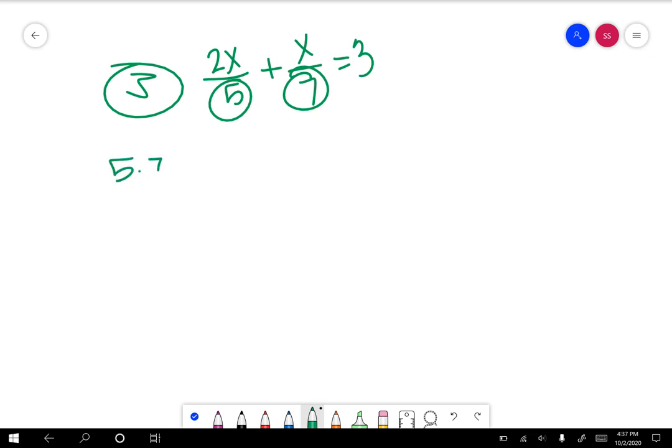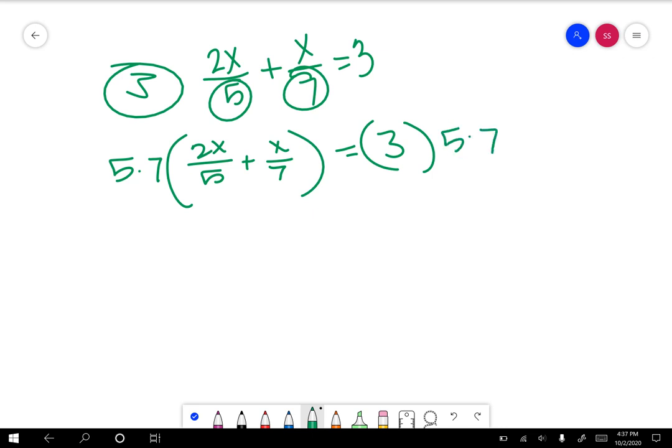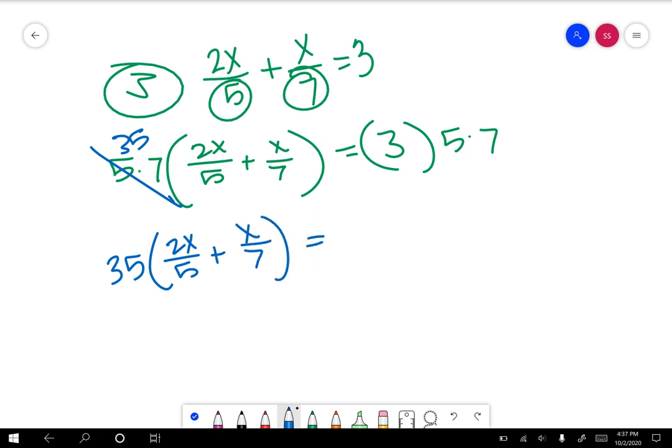So if we had 5 times 7 multiplied by this whole jumble of letters and numbers, it'd be the same thing as saying 35, because 5 times 7 is 35. So really we're doing 35 times 2x over 5 plus x over 7 equals 3 times 35.